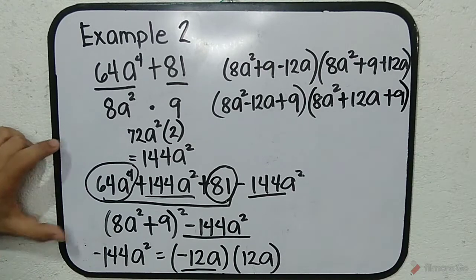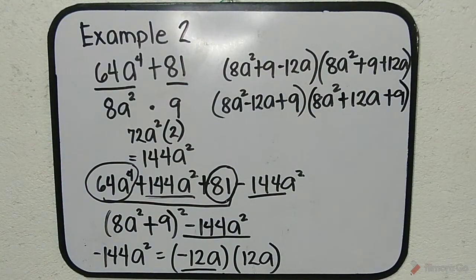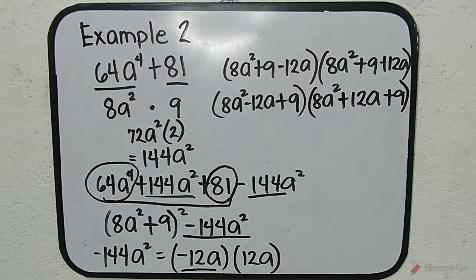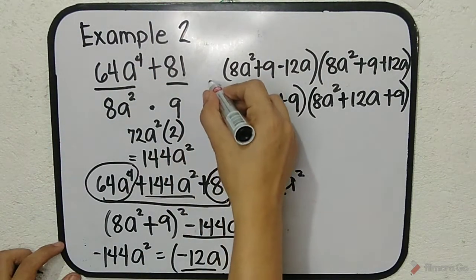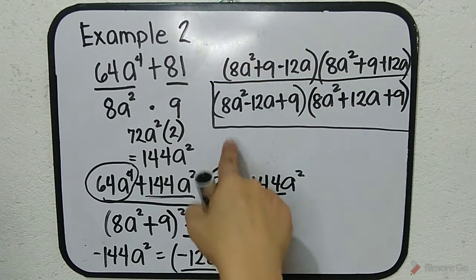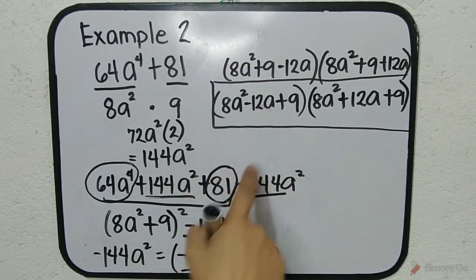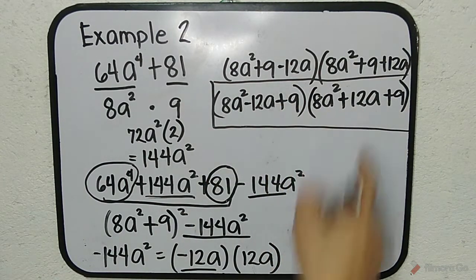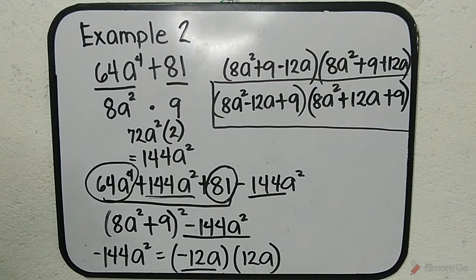So, nire-arrange lang natin siya. So, meaning ang factor ng ating 64a to the fourth plus 81 ay quantity 8a squared minus 12a plus 9 times the quantity 8a squared plus 12a plus 9.